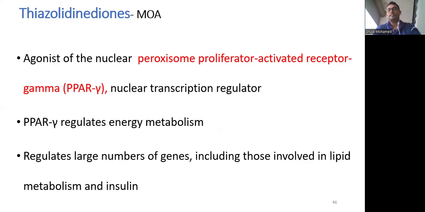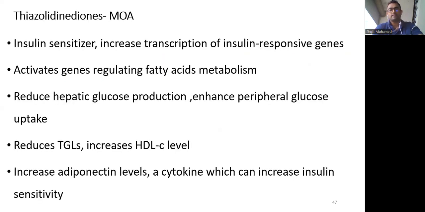So via that it maintains proper insulin regulation. It's again an insulin sensitizer: it increases transcription of insulin response genes, activates genes regulating fatty acid metabolism, reduces hepatic glucose production, enhances peripheral glucose uptake, reduces triglycerides, increases HDL, the good lipoprotein, and increases adiponectin levels, a cytokine which can increase insulin sensitivity.